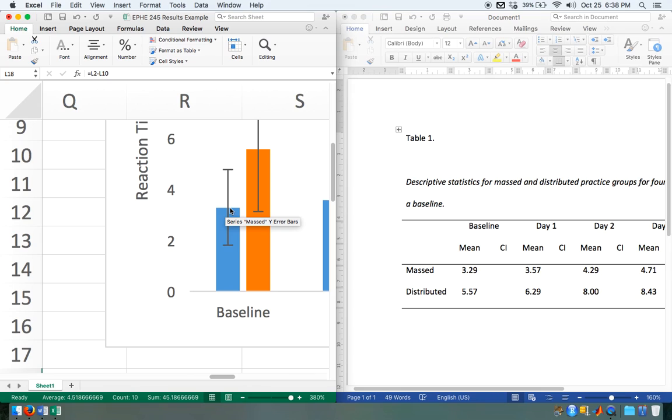So maybe if we're talking about height, maybe for some reason we accidentally only sampled a bunch of basketball players. Now, on average, I believe basketball players are a lot taller than the average person in North America, for example. So that might mean that we're a little bit wrong. So we might have an average that's higher than it should be.